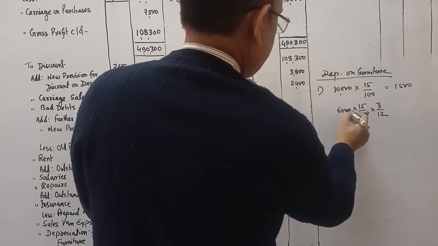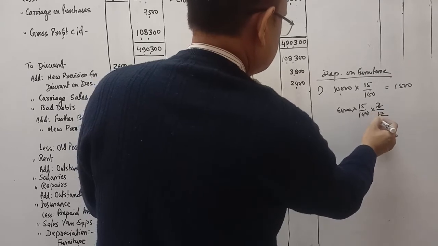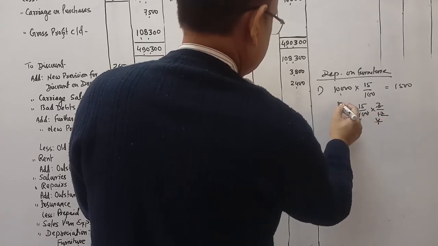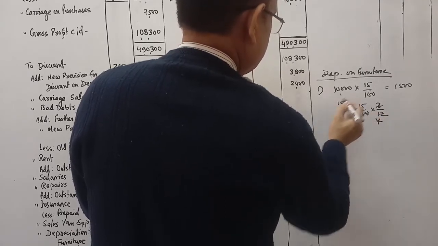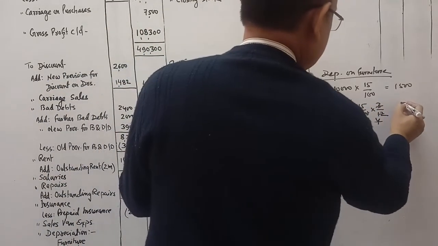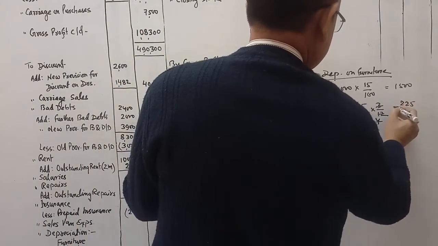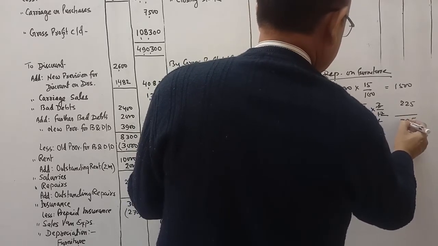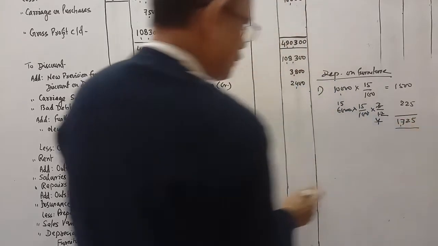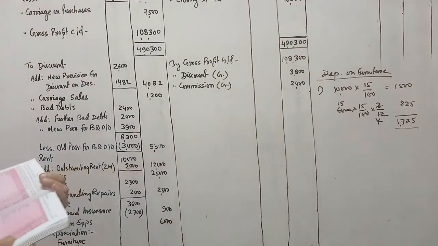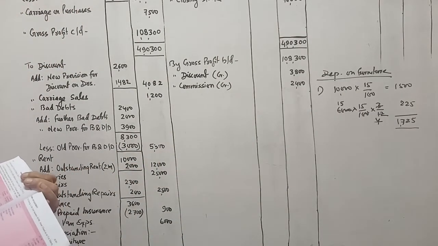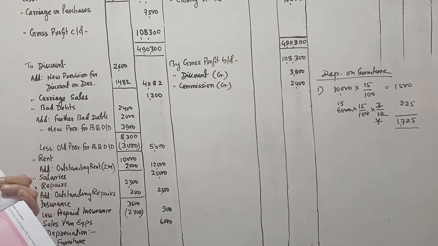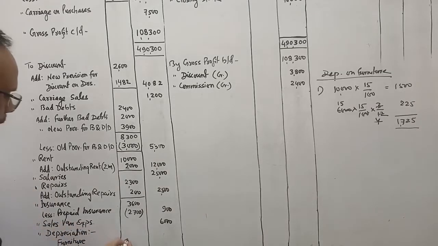That is 225. So total is 1725, the total depreciation on furniture.